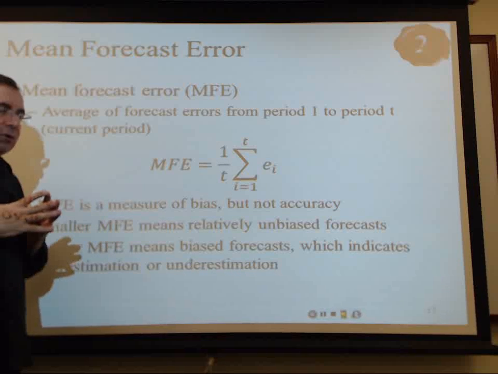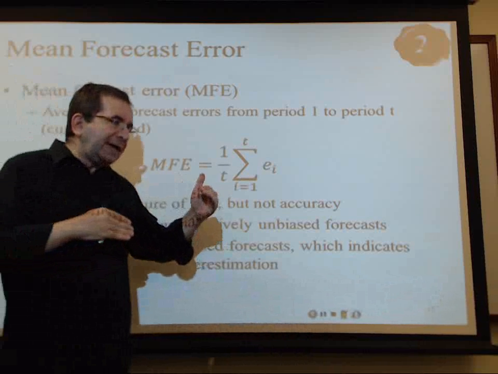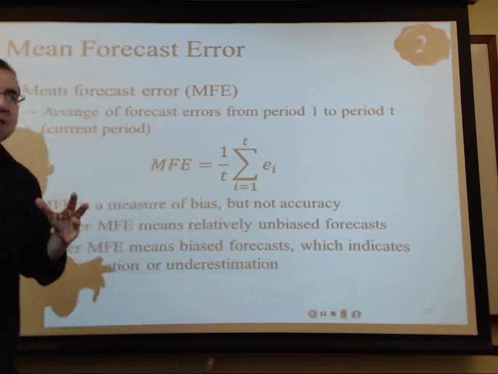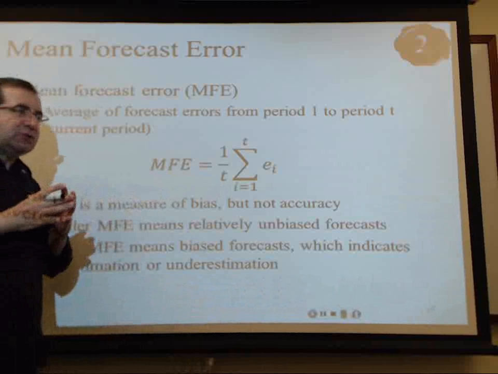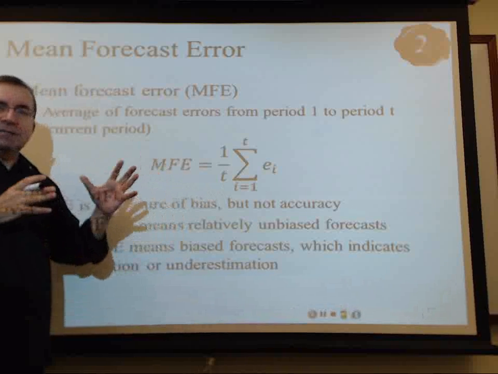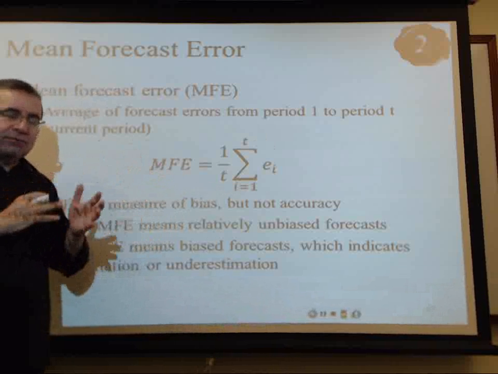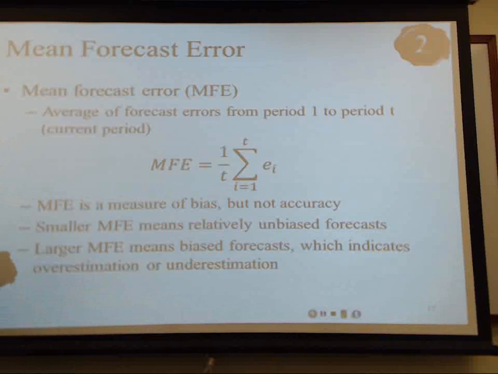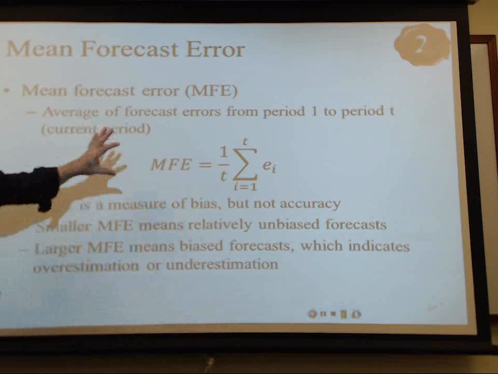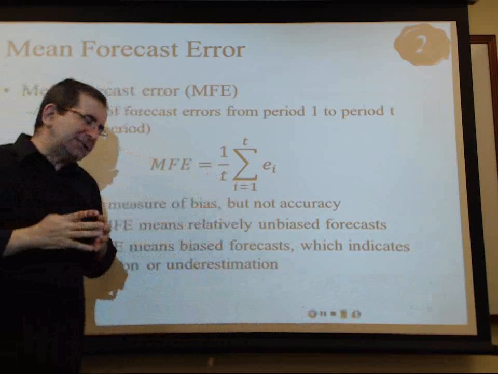Okay, so sometimes you will be over forecasting, sometimes you'll be under forecasting, but on average, you should not have a bias to be above or below the actual. Okay, so if you're unbiased, you should be equally over forecasting and under forecasting.